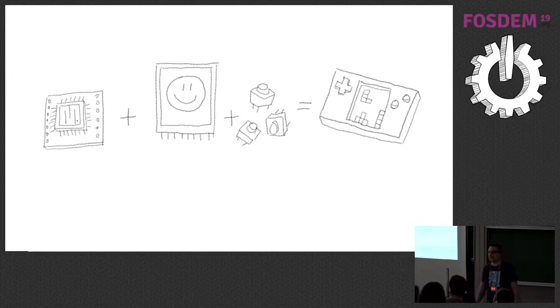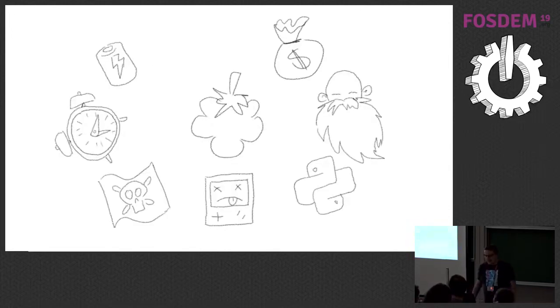Preferably a handheld game console, because I don't own a TV, so that complicates regular game consoles. And obviously the easiest way to do this is to just take a Raspberry Pi, install something like RetroPie on it, and you are done.